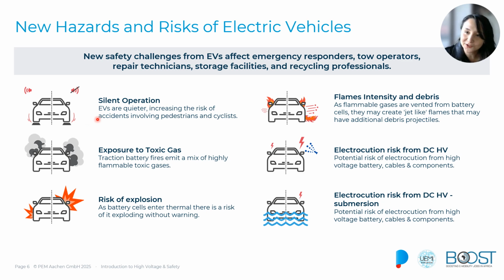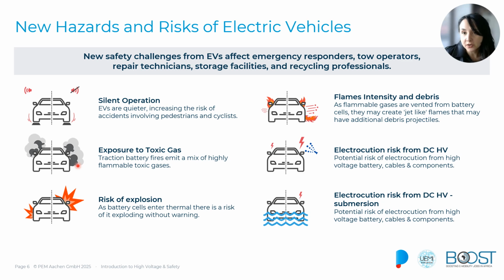Unlike internal combustion engines, EVs produce minimal noise, and this increases the risk of accidents involving pedestrians and cyclists. This has prompted regulations, for instance, requiring artificial sound generators for EVs to avoid this sort of accident.